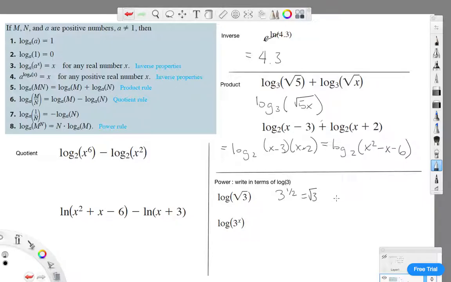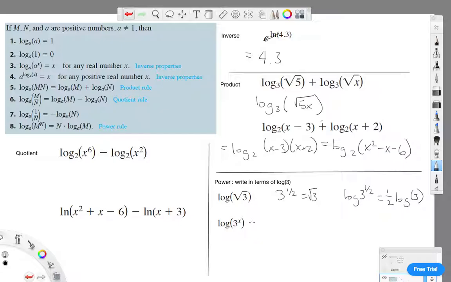That's our laws of exponents. And so we can say log of 3 to the 1/2, and log 3 to the 1/2 is the same as 1/2 log 3. You can put it in parentheses or not. The appropriate way to put it is in parentheses, but if you don't, it's obvious it's the same thing.